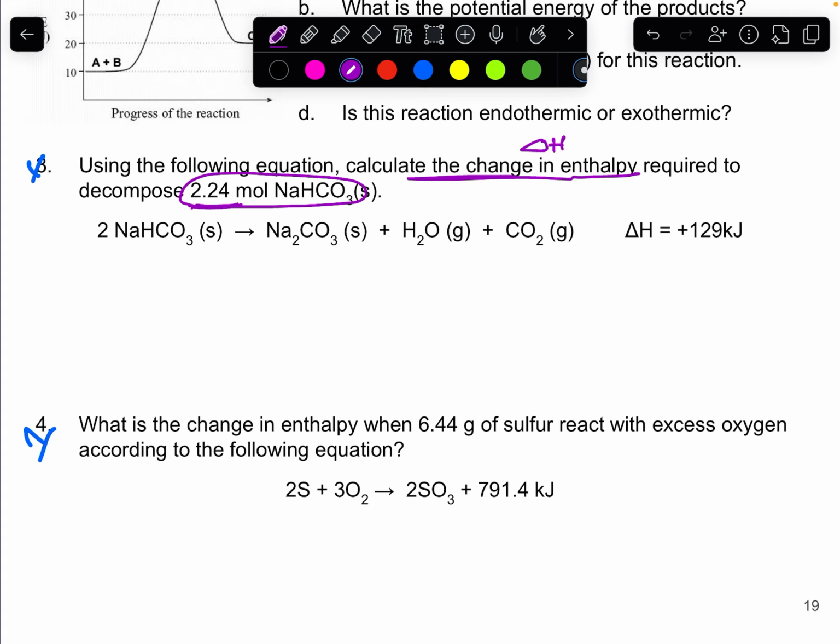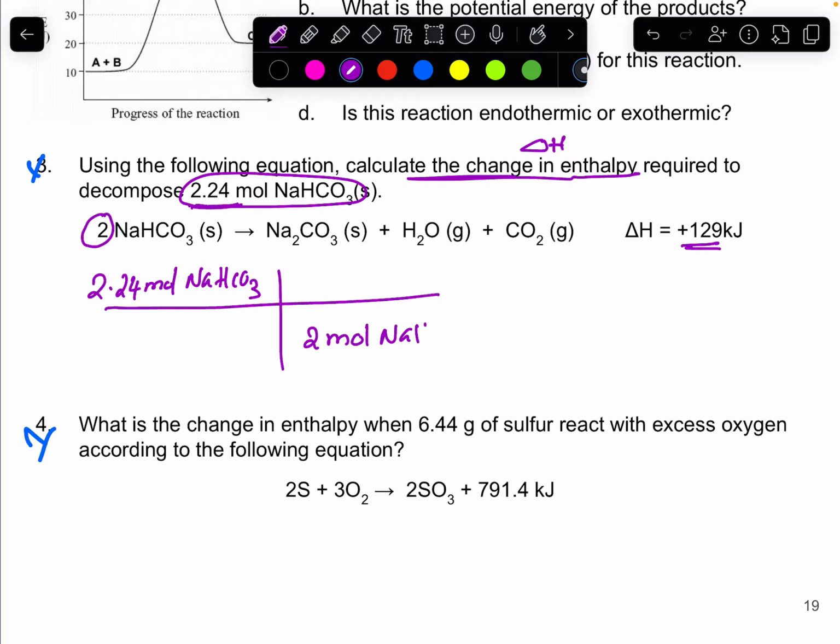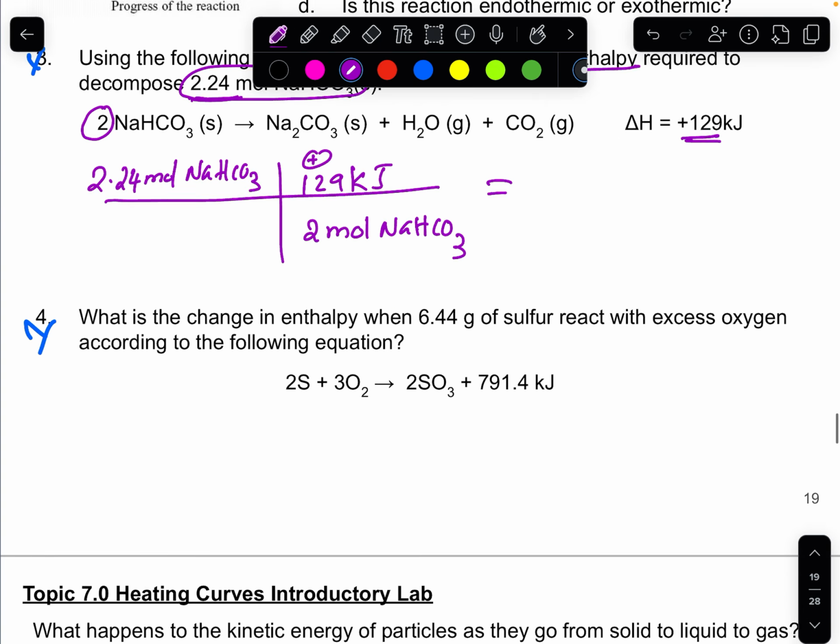According to the equation, 2 mole will produce this. So just start a T chart, that will be easy. I'll write 2.24 mole of sodium bicarbonate. Then according to the equation, 2 mole of sodium bicarbonate will produce positive 129 kilojoule. So multiply and divide.